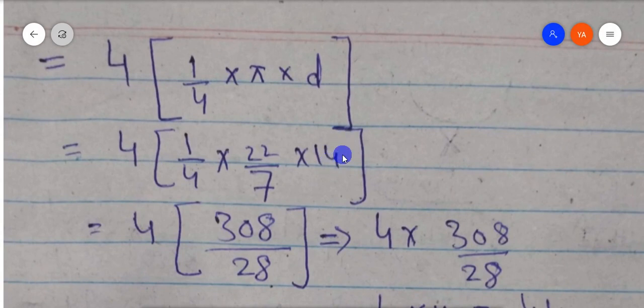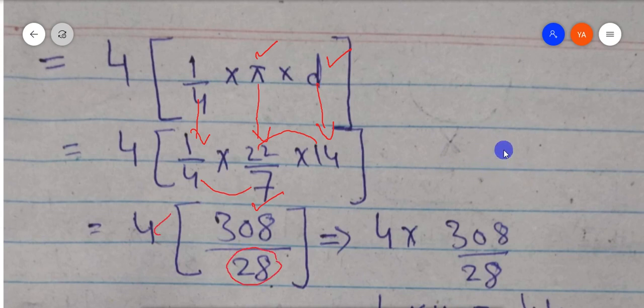this is 4 and 1/2, this is pi and this is diameter, the value of diameter is 14 and the value of pi is 22/7 and this is 1/4 same. Now multiply 22 with 14 and divide by 7 into 4, then it will be 308 divided by 28.